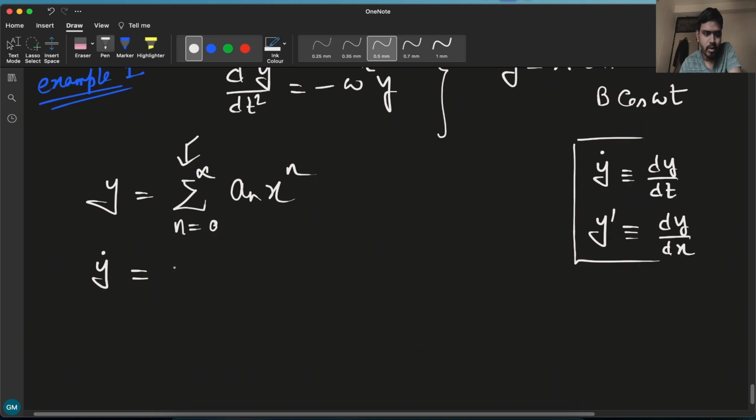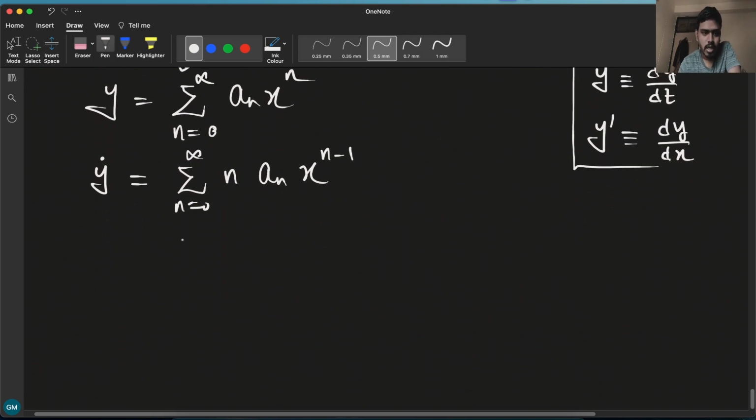So then y dot will be the sum from n equals 0 to infinity of n an x to the power n minus 1. Good. And again I can omit the 0th index, and I can start at n equals 1.